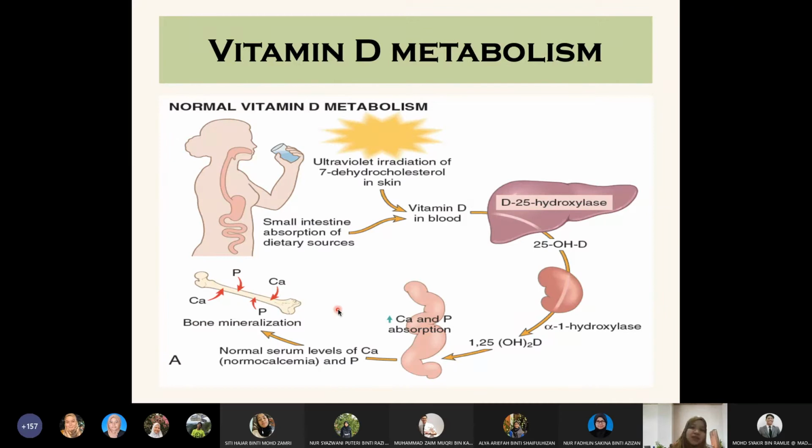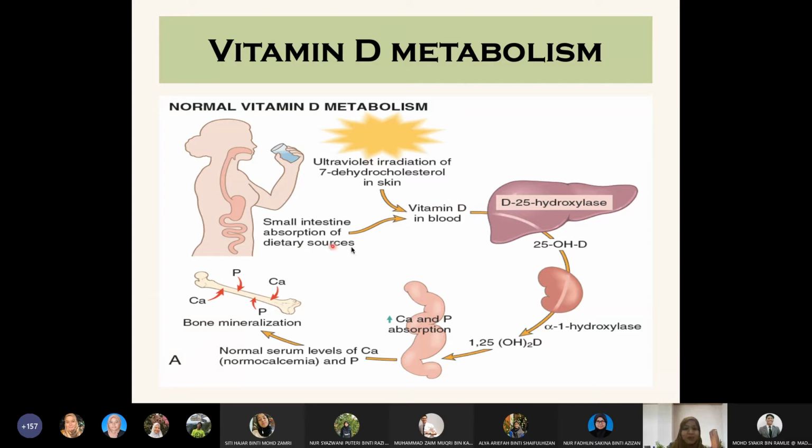Okay, before you learn about the pathogenesis of the rickets and osteomalacia, you have to know the vitamin D metabolism. Okay, you get your vitamin D from the sun, right? And from the diet. And it has to be metabolized in your body.